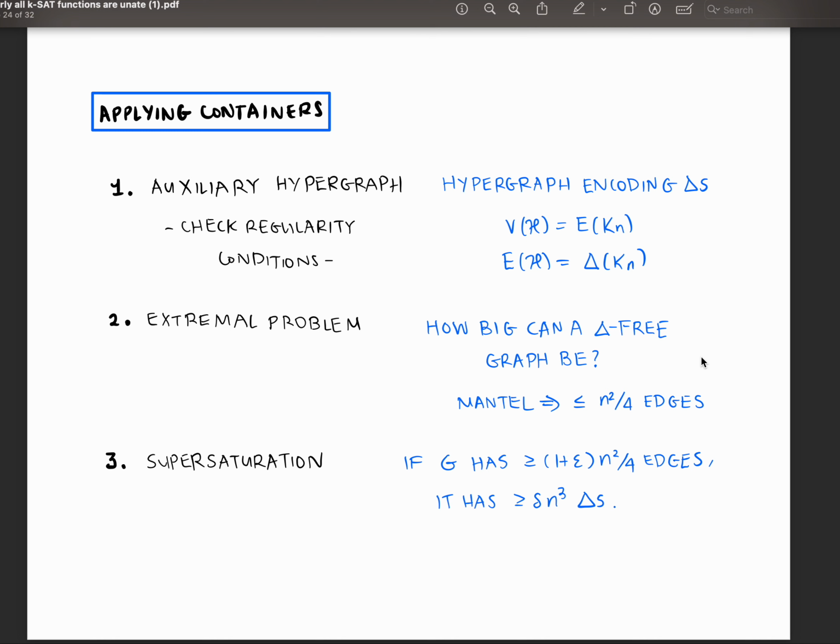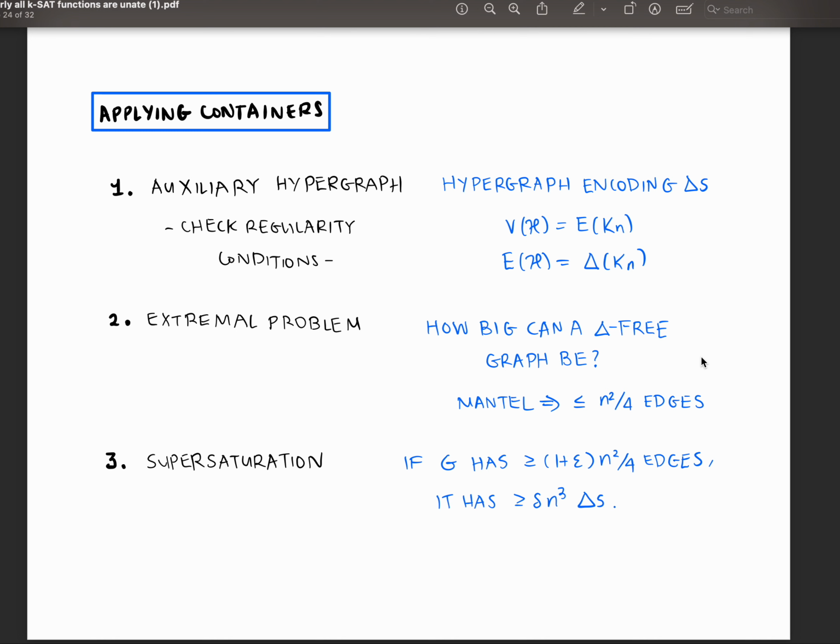The vertices of the hypergraph are all the possible edges a graph could have. They're the edges of the complete graph. And the edges of our hypergraph are triangles. So what this means is that an independent set in this auxiliary hypergraph is just a triangle-free labeled graph. And so the number of independent sets of this hypergraph is just equal to the number of triangle-free n-vertex labeled graphs.